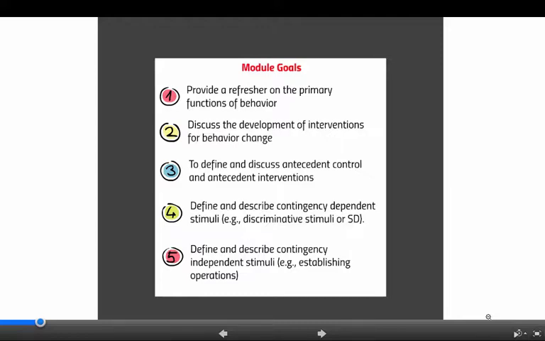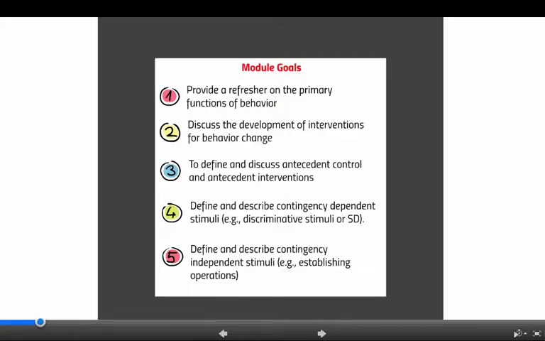However, the conversation for today will be focused on antecedent interventions, antecedent control strategies as well. So for that reason, I'll be defining and discussing both antecedent control and antecedent interventions. And there's a difference between the two. Next, I'll be defining and describing what's referred to as contingency-dependent stimuli, what we also refer to as discriminative stimuli, or SDs.